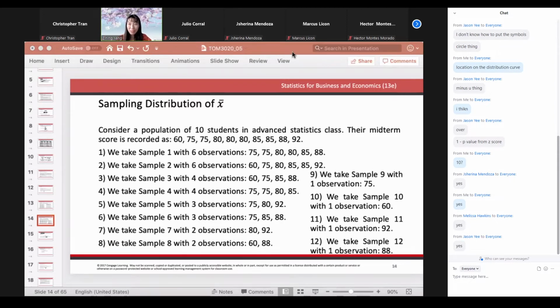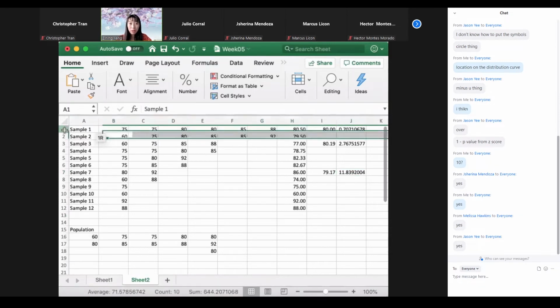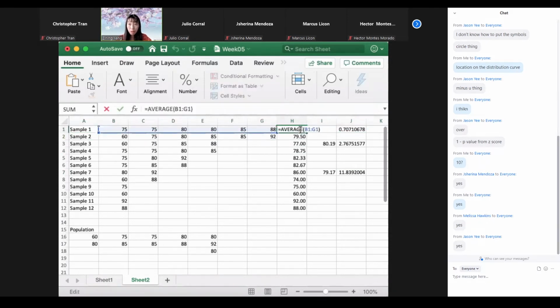So let's look at the pattern together. Here we got 12 samples. Sample 1 and sample 2 are really large. If we calculate the mean for sample 1, it equals 80.5, so it's only 0.5 deviating from the actual population. Sample 2, the mean is 79.5, which is also only 0.5 deviating from the true center.